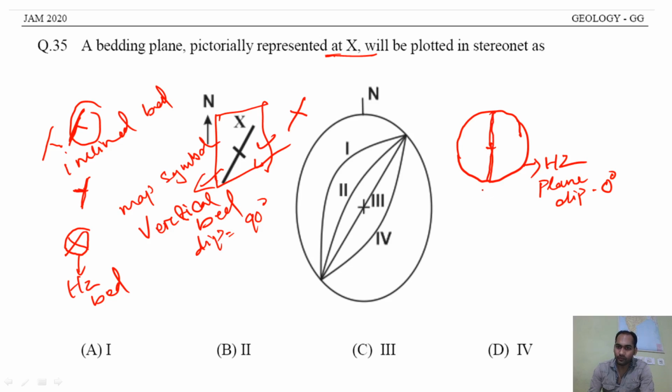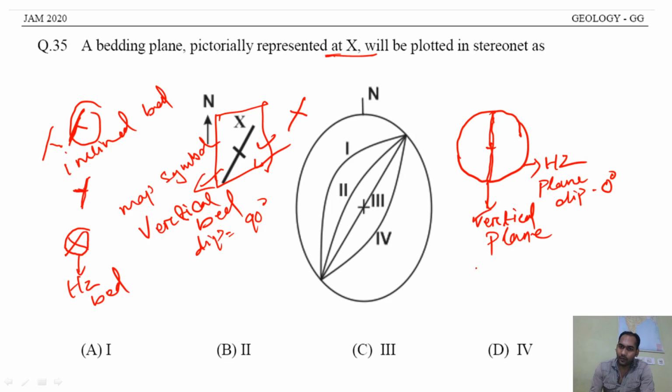So this is representing a vertical plane. Okay, you can see stereographic projection videos. So you can understand that the outer circle is horizontal, and the straight line which is passing through the center is a vertical plane.